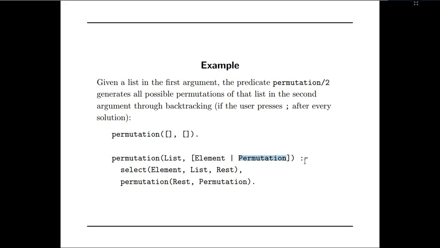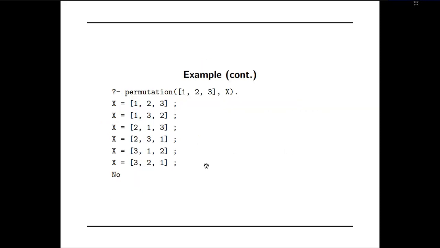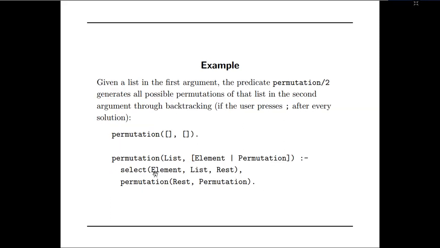Select the element, that is the first element, from the list you have supplied, and take the rest of the list, removing the first element, and recursively go for permutation, calling the permutation. Like this, the recursive function will execute. Thereby, if the list becomes empty, it will come here and stop.